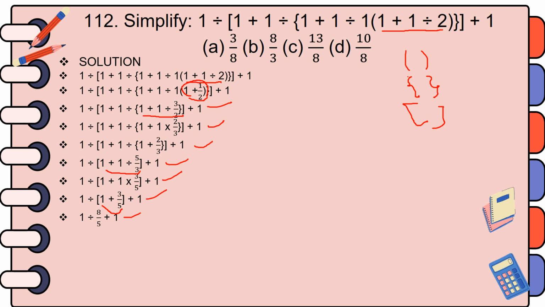Now we have addition and division, so the first one to operate is the division, and 1 divided by 8 over 5 can be written as 5 over 8 plus 1. And 5 over 8 plus 1 means, lastly, 13 over 8. So your answer for this question is choice C.